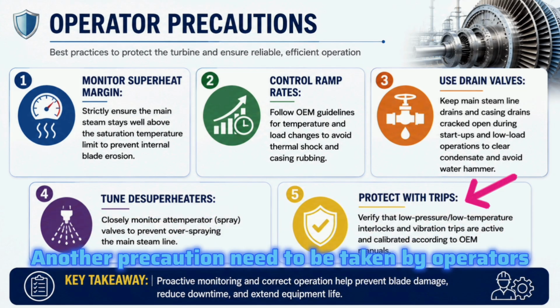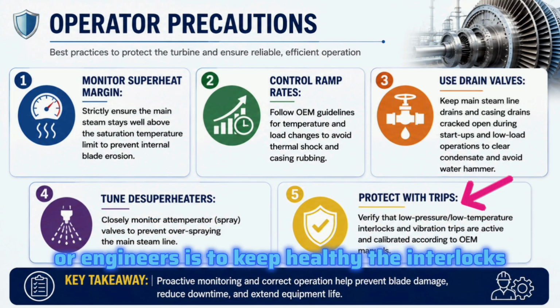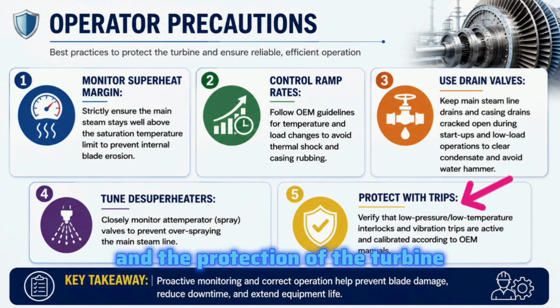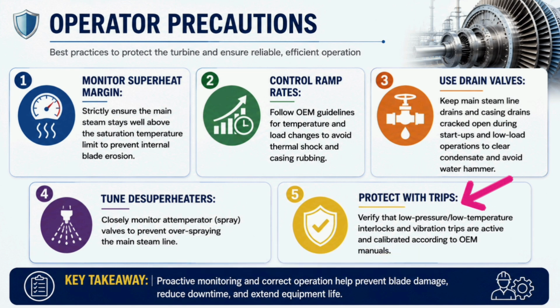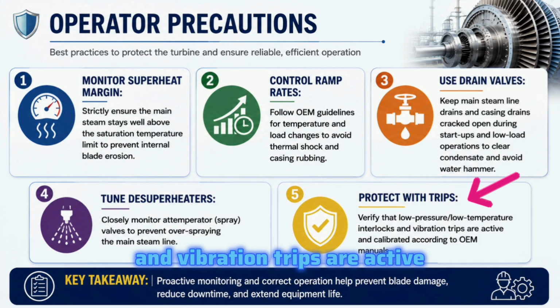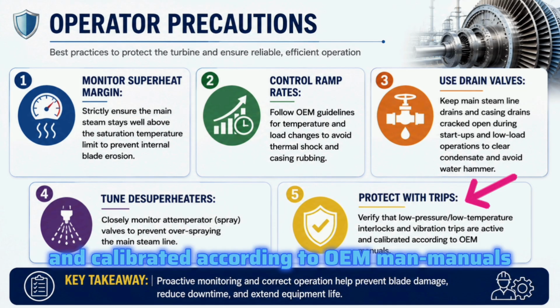Another precaution to be taken by operators or engineers is to keep the interlocks and the protections of the turbine healthy. Verify that low pressure and low temperature interlocks and vibration trips are active and calibrated according to OEM manuals.